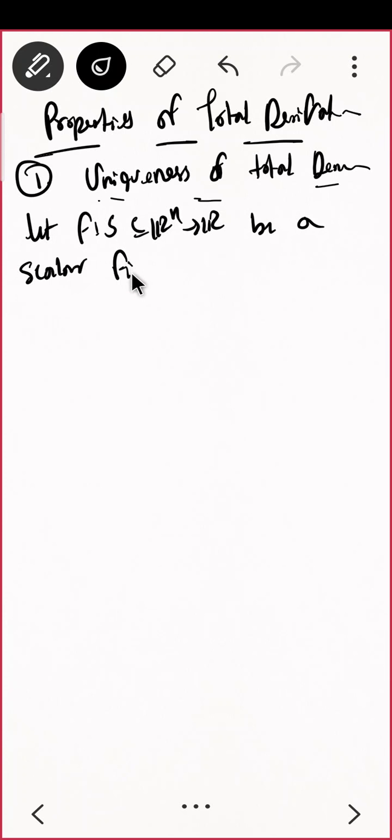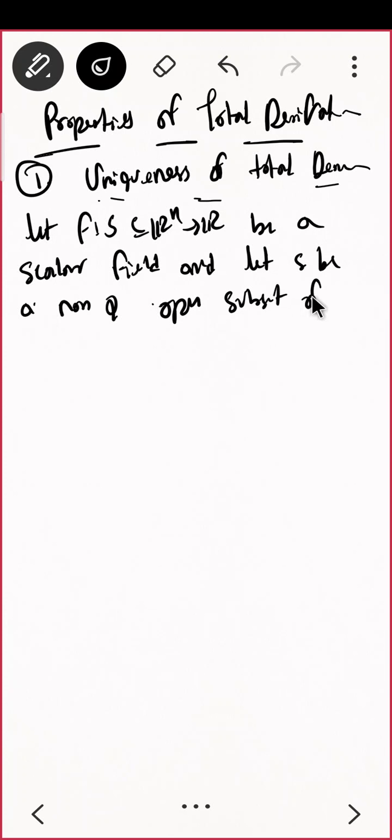Okay. Let us write the statement first. Let f from S subset of Rn to R be a scalar field, and let S be a non-empty open subset of Rn.